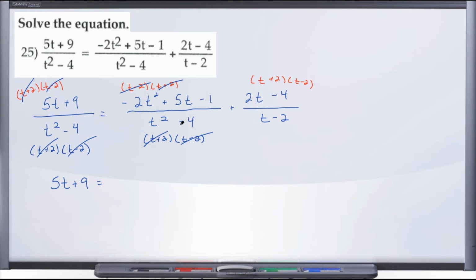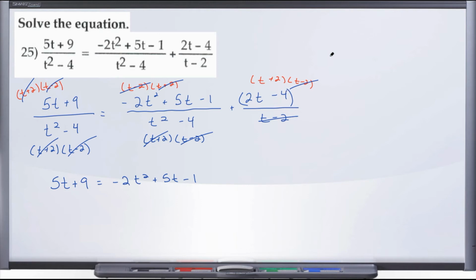And so we're left with this entire trinomial, negative 2t squared plus 5t minus 1, and t minus 2 goes away. So we're left with t plus 2, that quantity, times the quantity 2t minus 4.